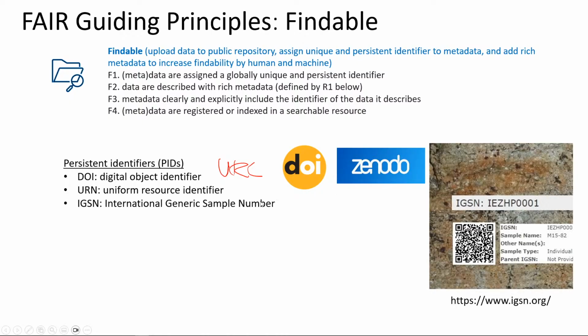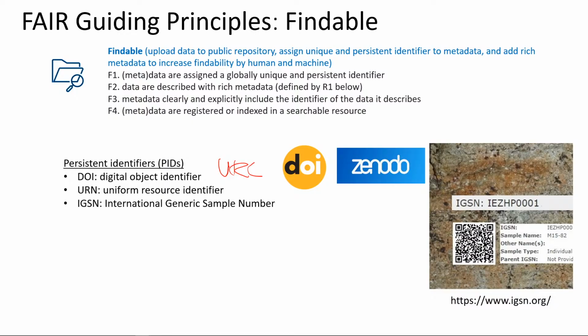Uniform resource identifier, that's like a DOI. A DOI will have a URL, that's like a DOI without a URL. But now let's say your data is not digital data, it's a sample. Like you went to the field and collected an actual core, an actual sample.